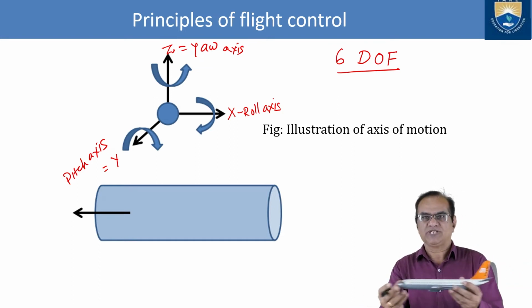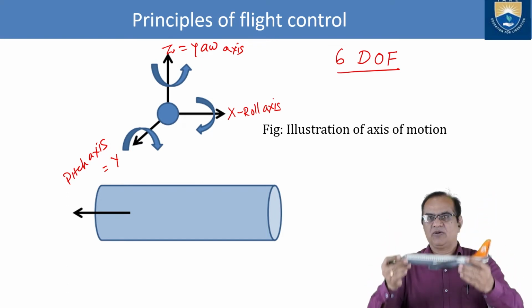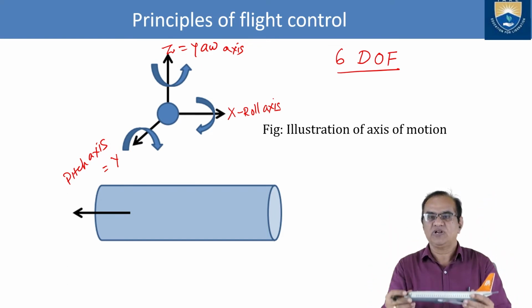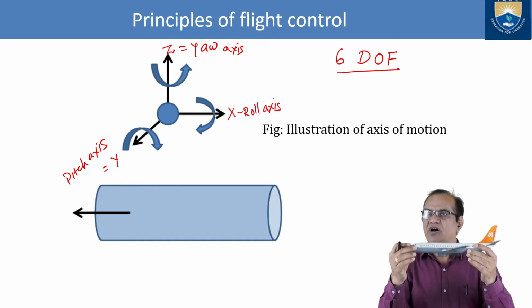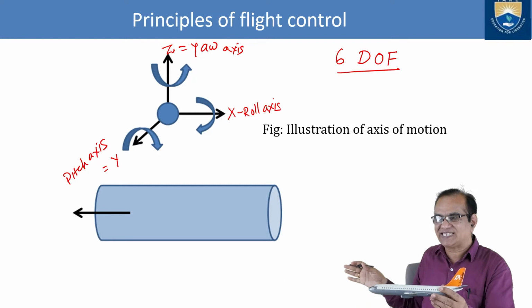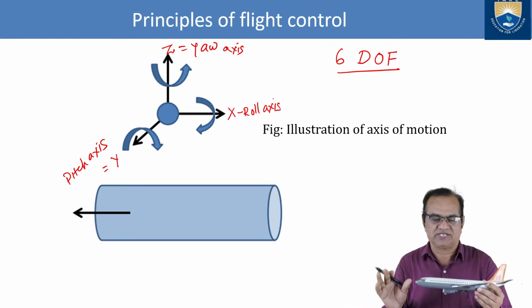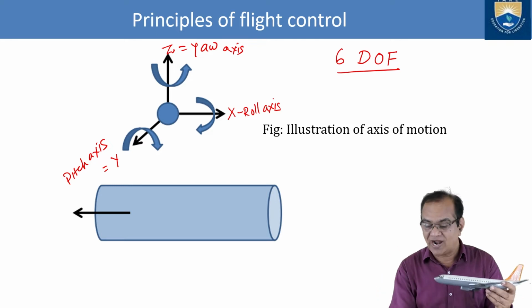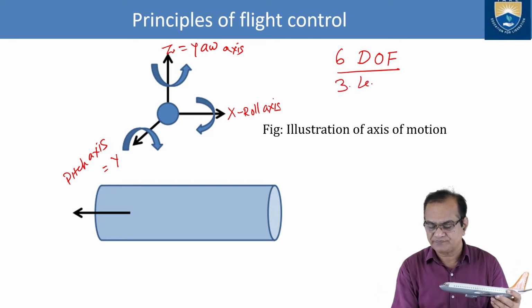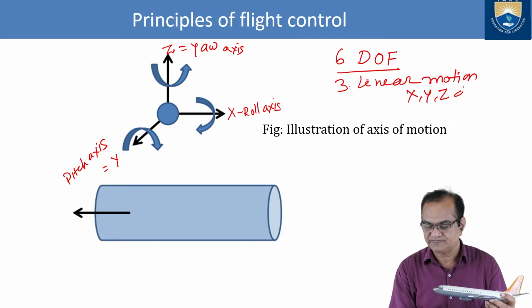This is linear motion in x, this in y, and this in z. Here upward z is positive, forward x is positive, and towards the right side y is positive. So we have three linear motions in the x, y and z directions.